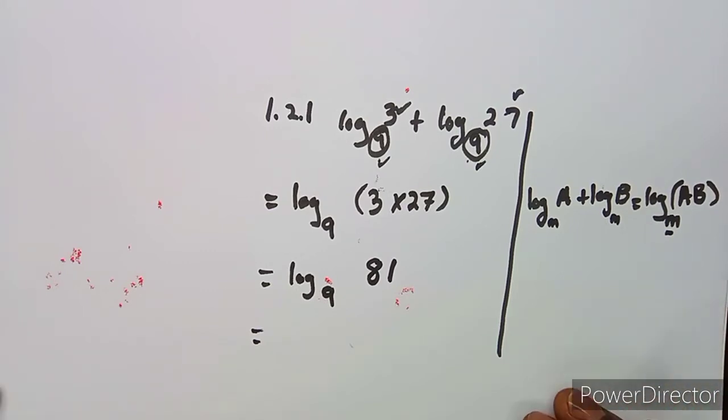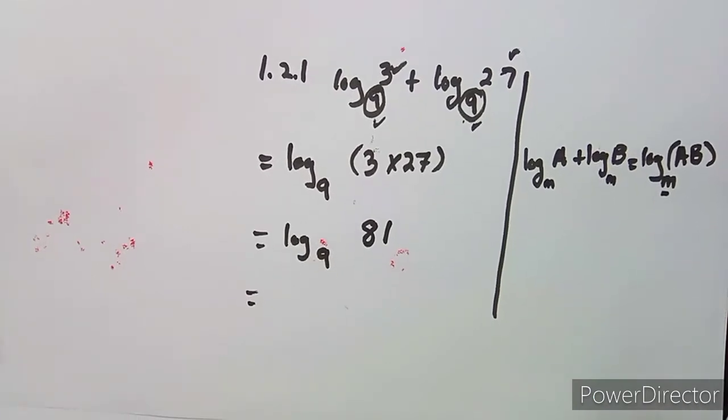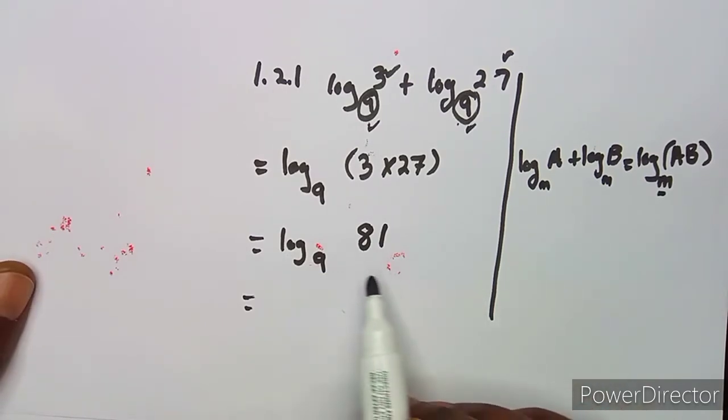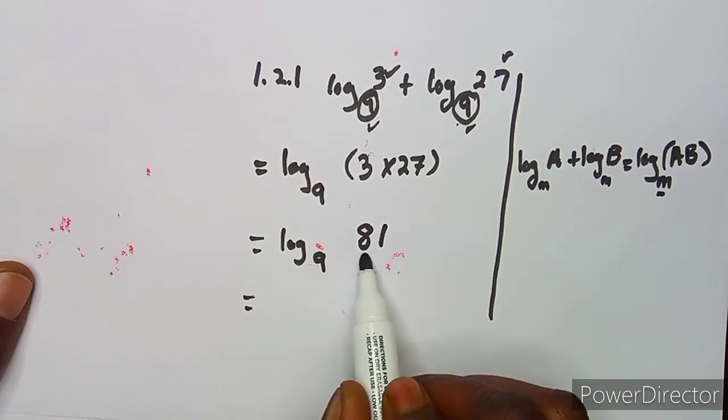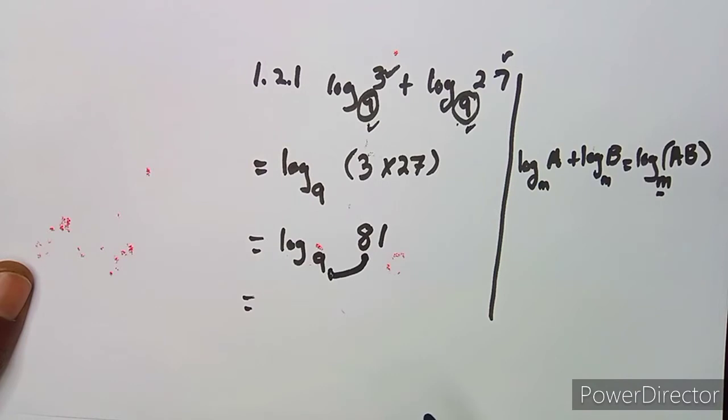Now the problem is we have to give this in simplest form. This is not actually the simplest form because we can simplify further. How can you simplify further? Remember, we have to write this 81 in terms of the base 9.